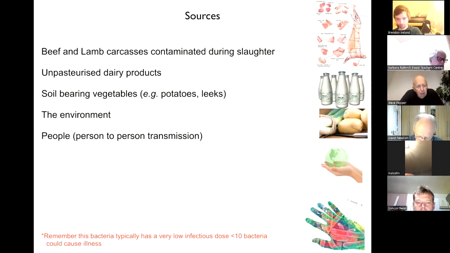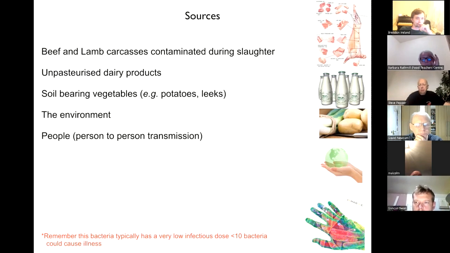Beef and lamb carcasses are contaminated during slaughter. As I said, E. coli is a gut organism. The minute you slaughter that animal and you eviscerate it or take the guts out, that causes the bacteria to spread to the outside of the meat.